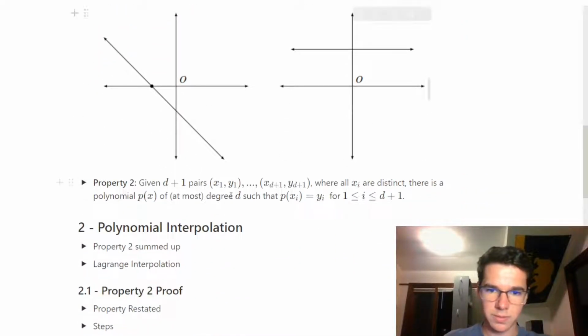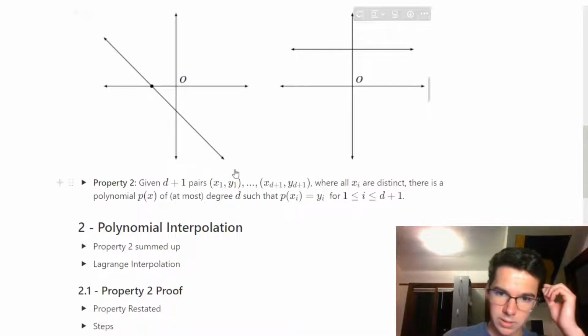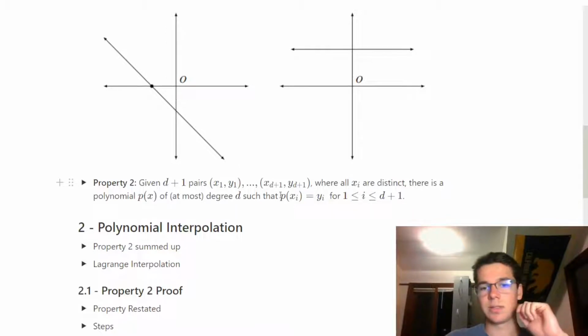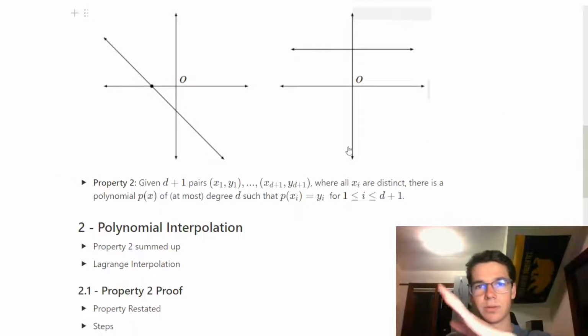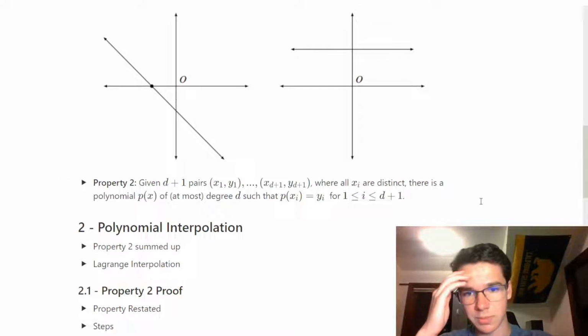Okay, and this other property, which is more interesting, is given d plus 1 pairs, so one more pair than our degree, such that all of the x values are distinct, there's going to be a polynomial p of x of degree d such that it goes through all d plus 1 points.